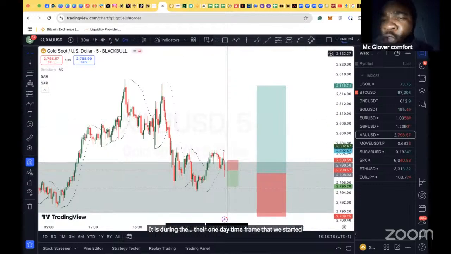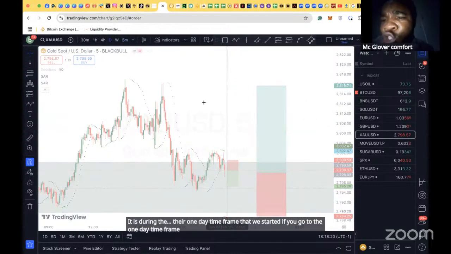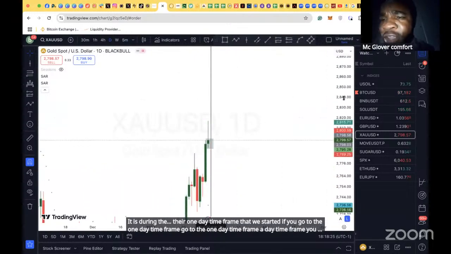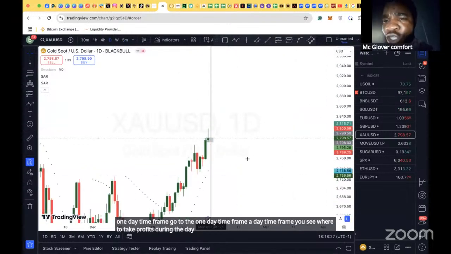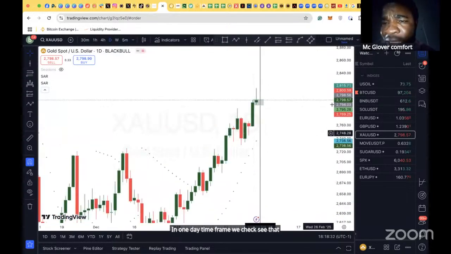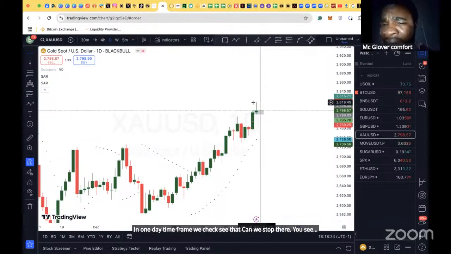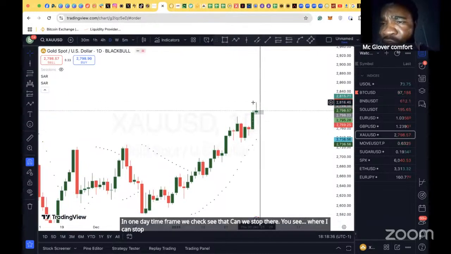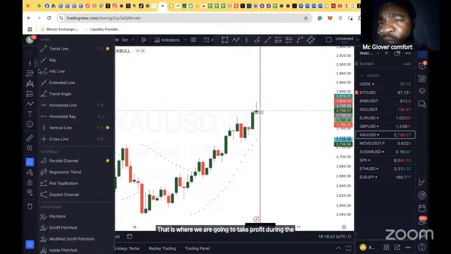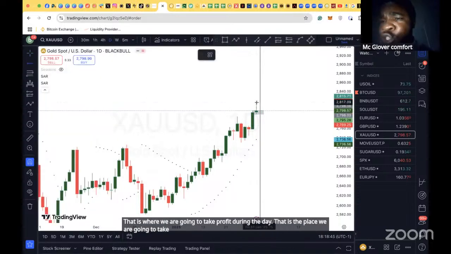If you go to the 1 day time frame, you see where to take profit during the day. You check, see where the candle stops. You see where the market stops before it retraces. That is where we are going to take profit during the day.